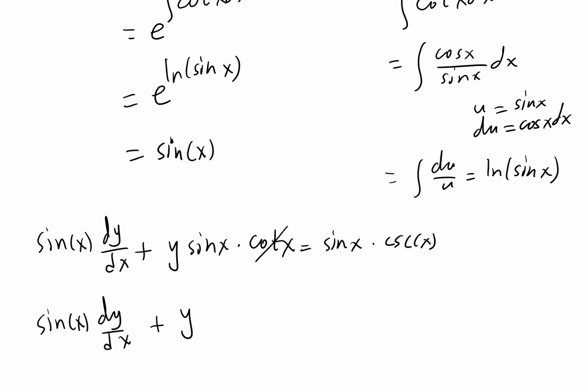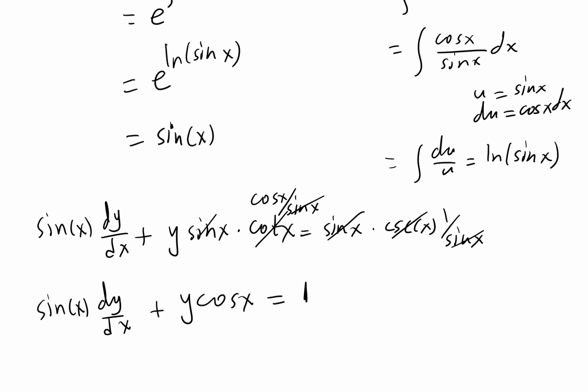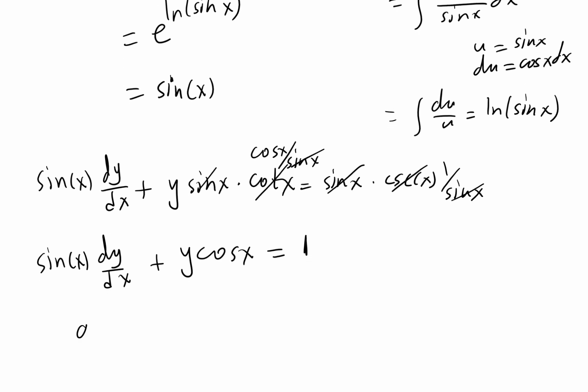We can rewrite this as cosine x over sine x. These cancel. So y cosine x. This is 1 over sine x, which cancels to 1. So now we can rewrite this by taking the integrating factor times y equals 1.